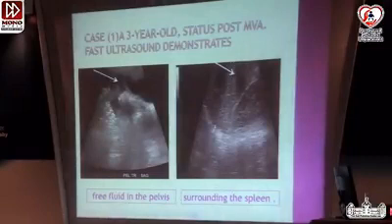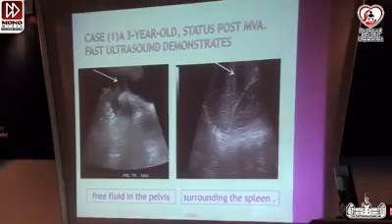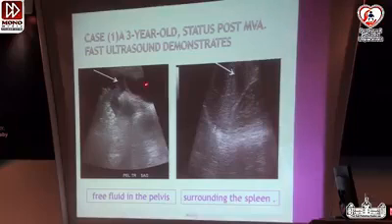This is our first case, a 3-year-old status post motor vehicle accident. FAST ultrasound demonstrates, for those who are not familiar with the images of ultrasound, anechoic means black signal. So this is the urinary bladder containing urine which appears black. You see black signal outside the confines of the urinary bladder indicating free fluid within the pelvis.